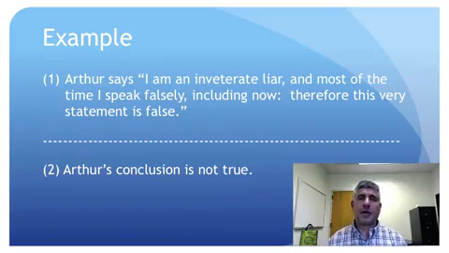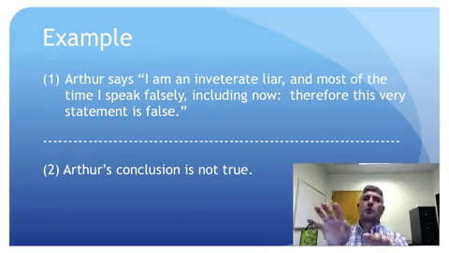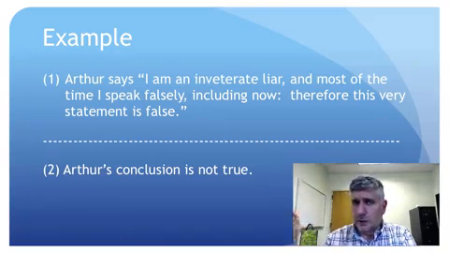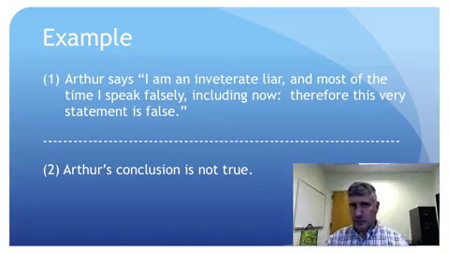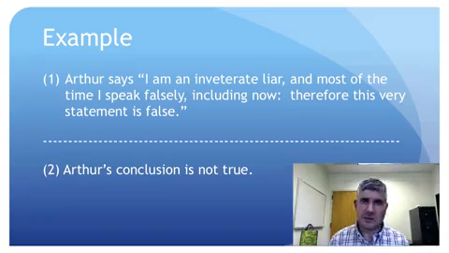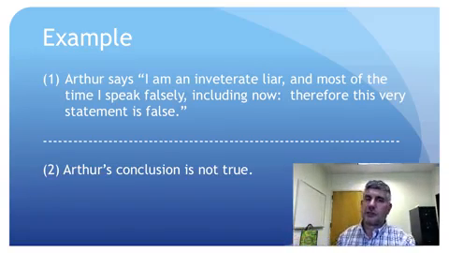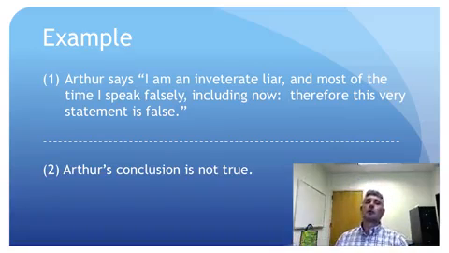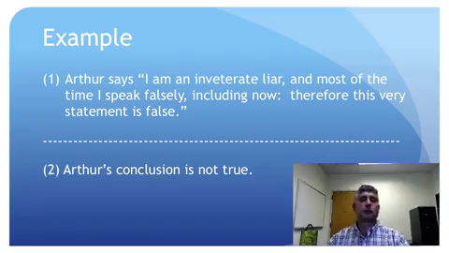Now, we just proved that by thinking about the performance that Arthur gave, where he was making a speech act with that content. He said, "I'm an inveterate liar. Most of the time I speak falsely, even now. Therefore, this very statement is false." When Arthur says that, we can prove that the conclusion that he's reaching is not true.